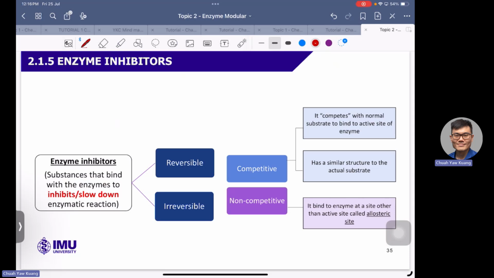Either directly inhibit the reaction or slow down the reaction. That is all considered an inhibitor. Okay? So the inhibition can be reversible, it can be irreversible. As I said, it depends. It depends how the inhibitor binds to it.